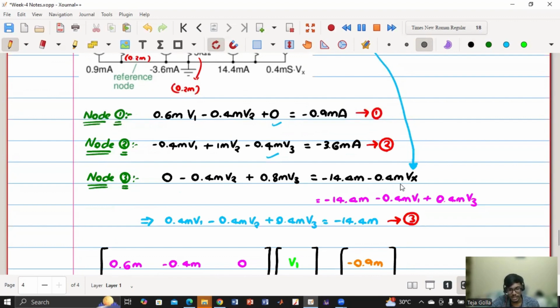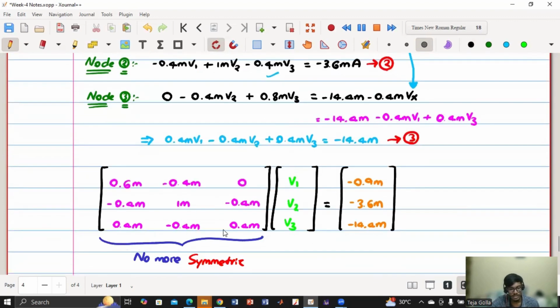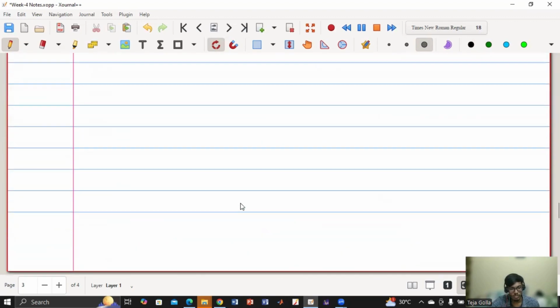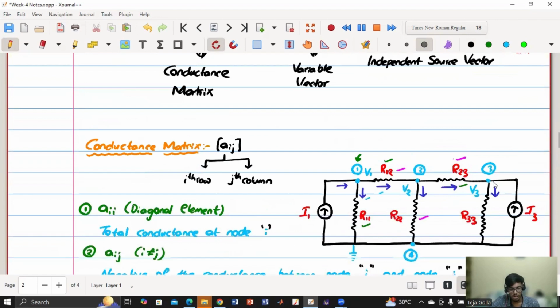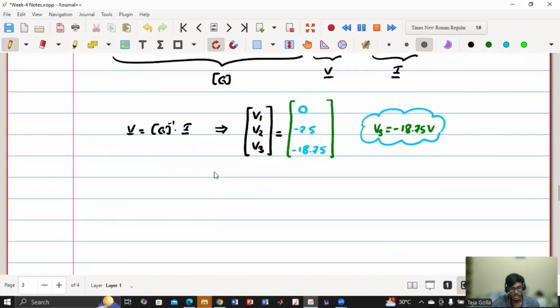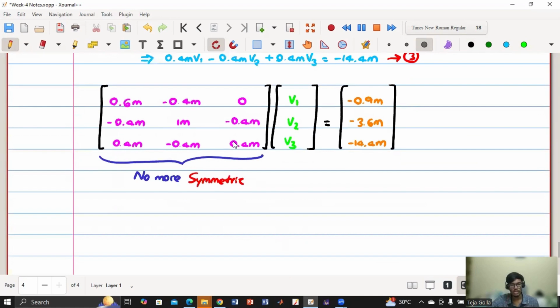But because this is there, in a particular row some of these values change, and because of that the matrix is no more symmetric. So one thing you have to remember is this conductance matrix is symmetric if there is no dependent source and it is only current sources and resistances. If it is not the case, then it cannot be symmetric. So it is not expected to be symmetric. Is that clear?